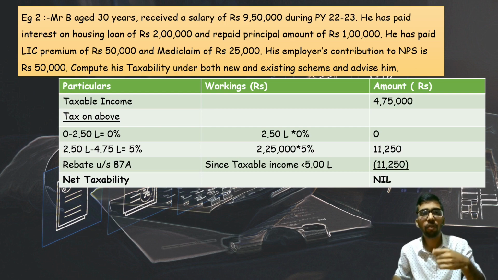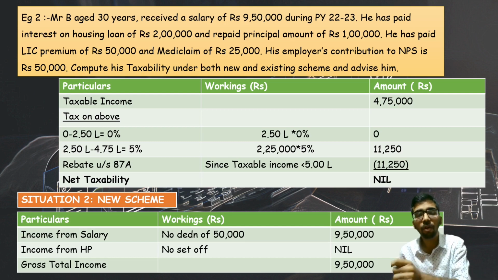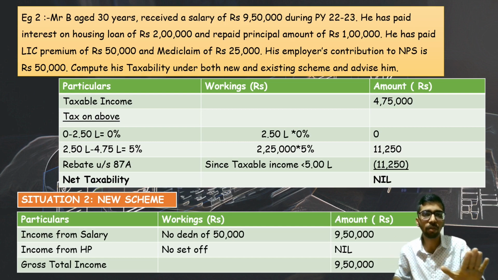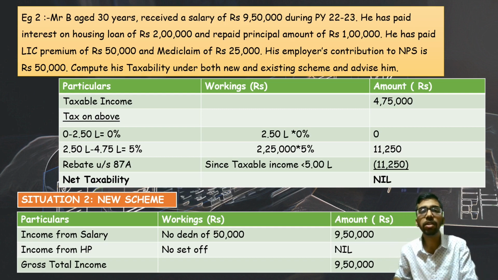Then, if you look into the new scheme, income from salary is 9.5 lakh because he is not eligible for standard deduction. Income from house property is also nil. Even though he has paid interest, that interest cannot be set off against the salary income. So gross total income is 9.5 lakh.